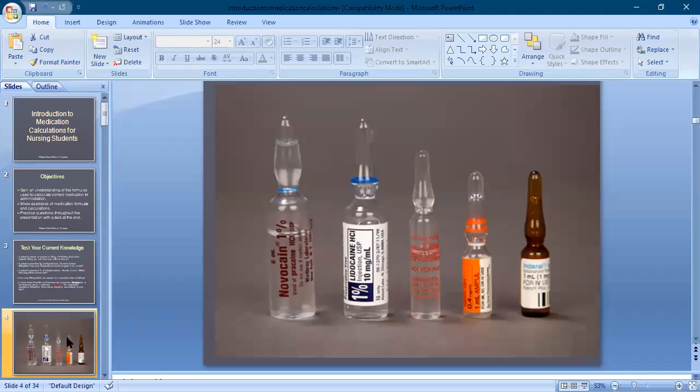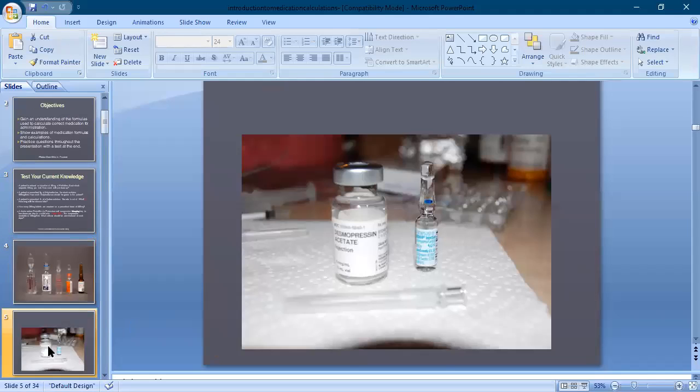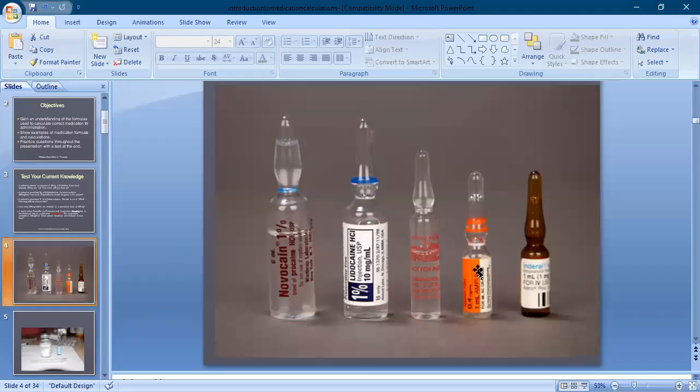So first of all, the two pictures here. This is called a vial. A vial contains the powder form, and this one is called an ampoule. An ampoule is a volume of liquid, but this liquid contains the medication. Maybe you can say this is the water, and water dissolves the solute, which is the medication.